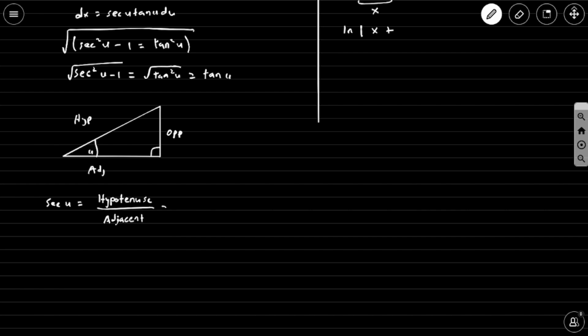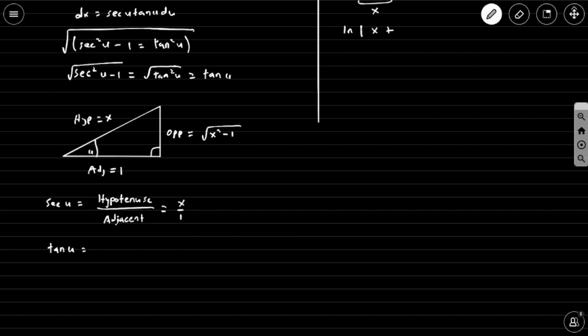Well, we also know that secant u is equal to x. I can write x as x over 1. So hypotenuse is x and adjacent is 1. But how about the opposite side? Well, if we use the Pythagorean theorem, we're gonna find out that this is square root of x to the power of 2 minus 1.